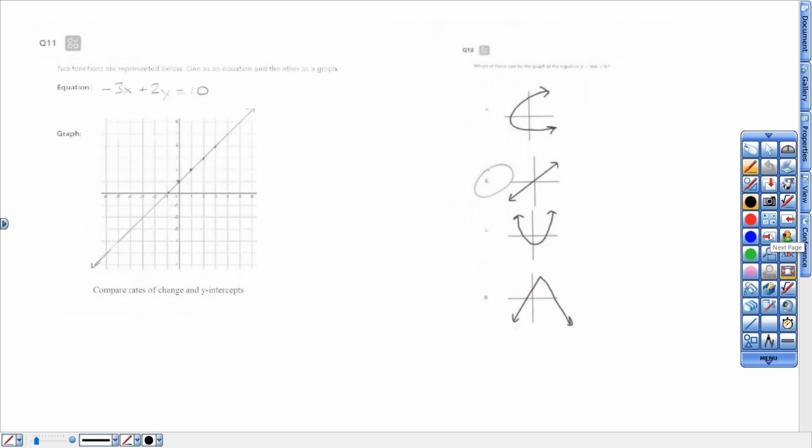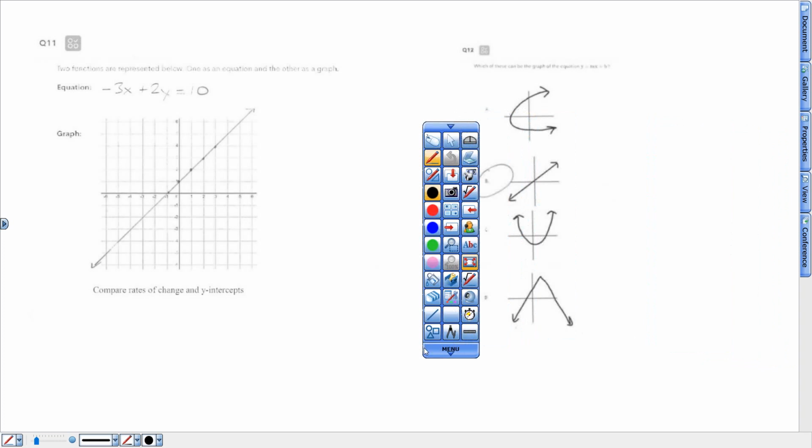Number 10, this one wants you to solve it for y and compare. So if I take that, let's write it right here. I'm going to first add this 3x. That will cancel this away. Bring down this 2y. I got 3x plus 10.